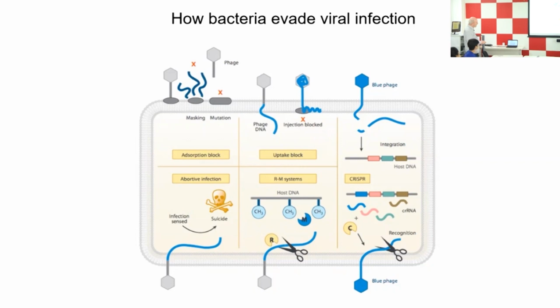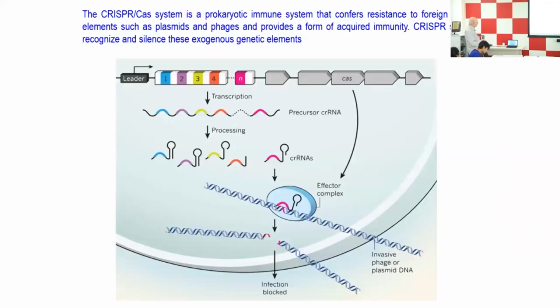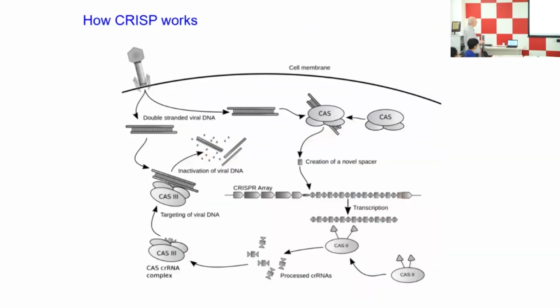But from a mechanistic point of view, the important part here is that you can have a nuclease that will specifically target one segment of the DNA of the virus, and that will be recognized on the basis that that specific sequence has been recorded before in the genome of the affected bacterium. Okay, so just telling the story very quickly, this is how CRISPR works.